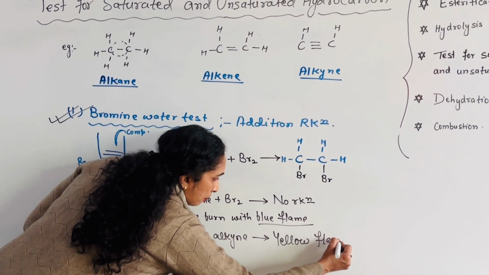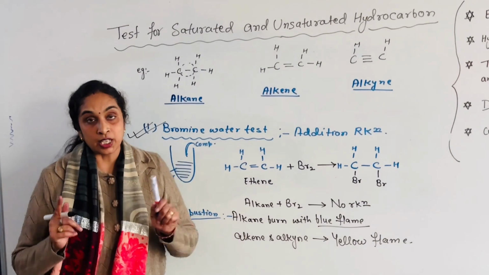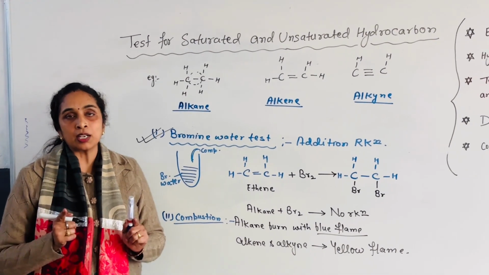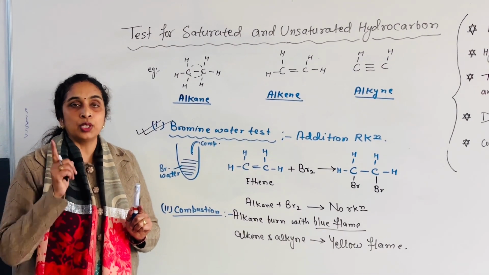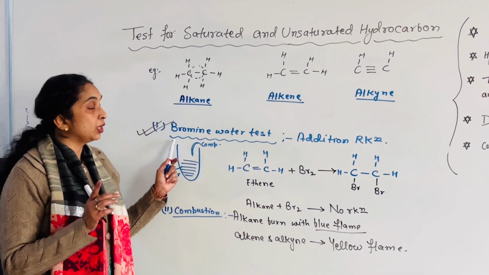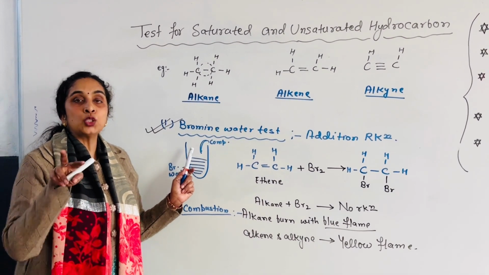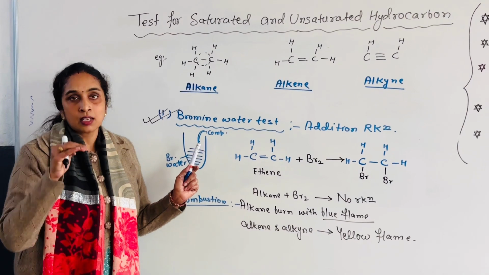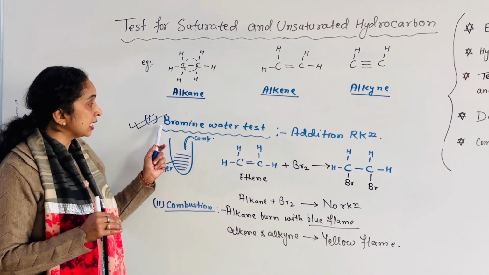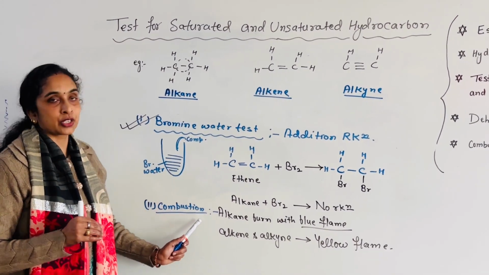That's it. But once again I am telling you, if it is a 1 mark question or you have to write only 1 test, write only and only the bromine water test, and if you have to write the 2 tests, half of the marks will be given, then write the bromine water test and combustion.